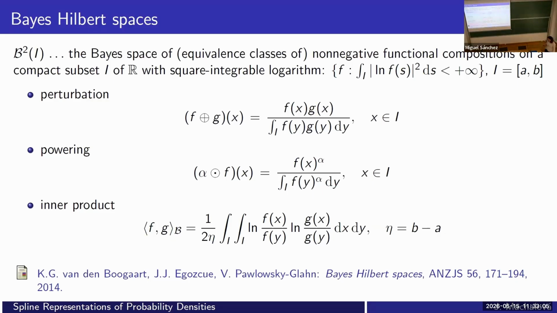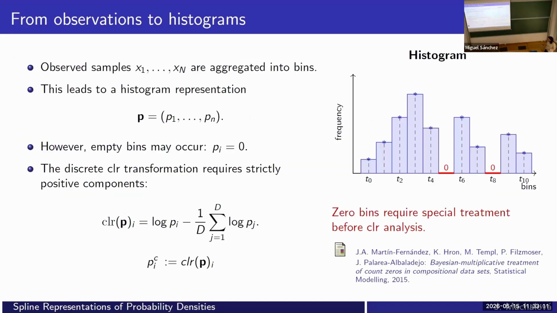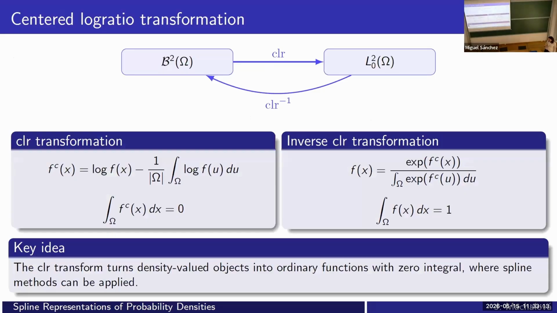So this is the reason why we want to avoid the computation in Bayes space. And for this reason, we use so-called CLR transformation to move from Bayes space to L2 zero space. The CLR transformation is defined by this expression for a continuous function, which must be positive because of this logarithm.